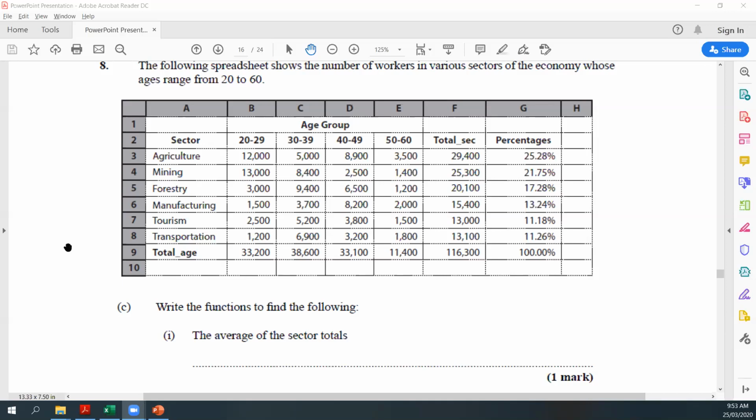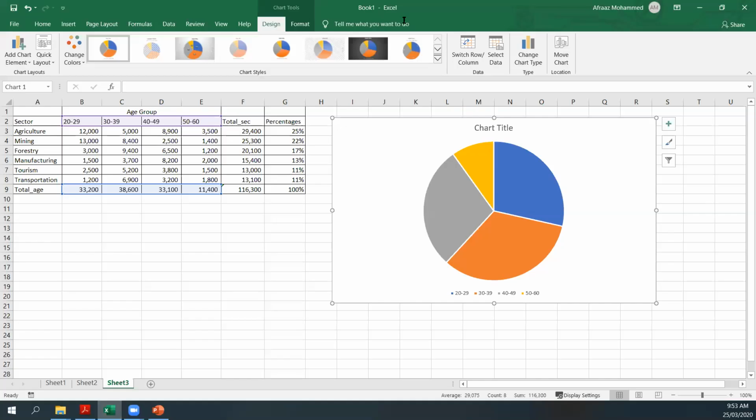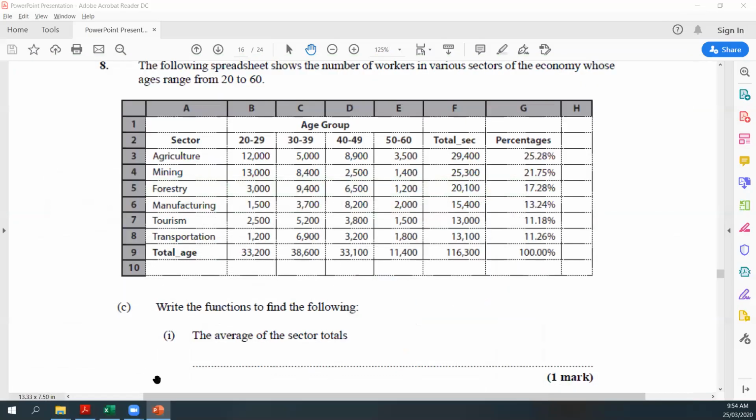Well, average, that's a good guess. So the thing about the average function in Excel is that it's actually the whole word, right? So equal average, the entire word. It's not short at all. So let's demonstrate it here. You want to find the average of the sector totals.